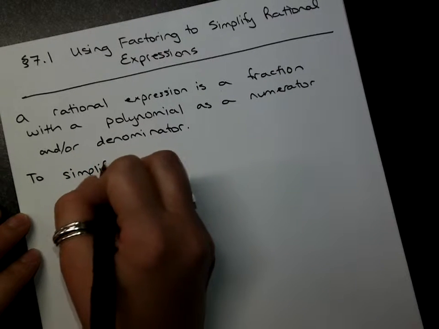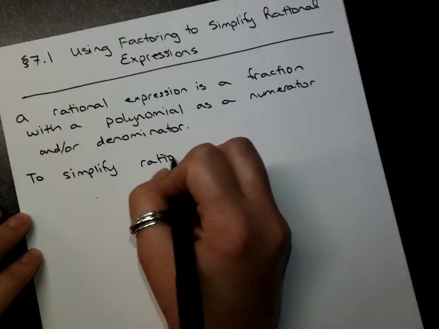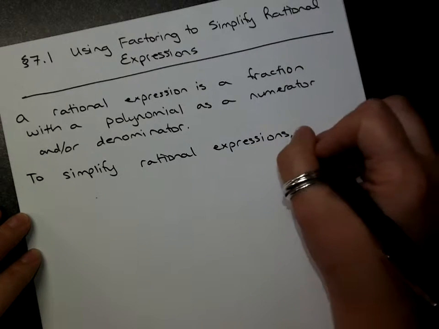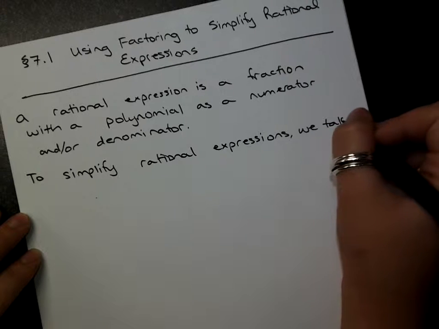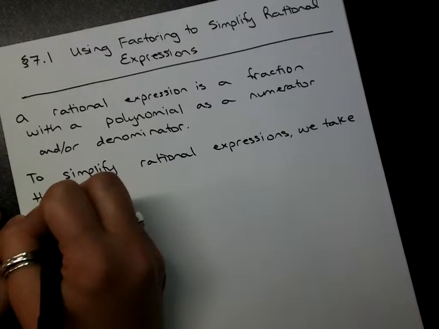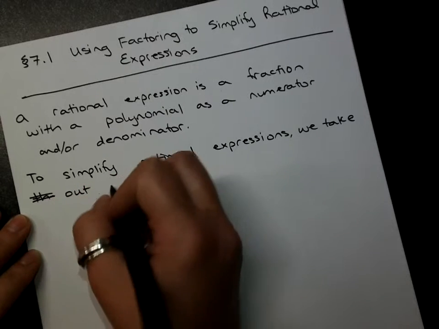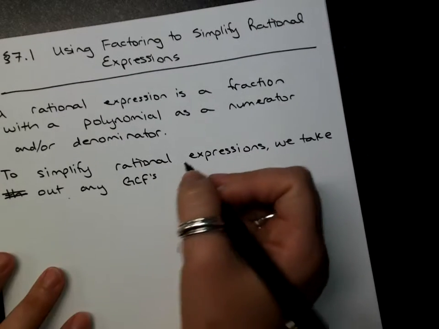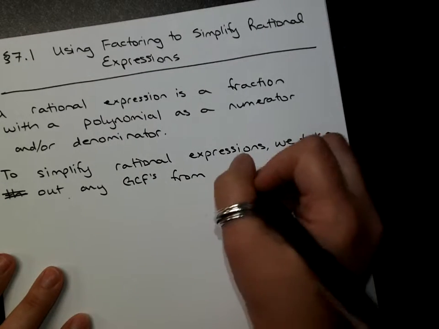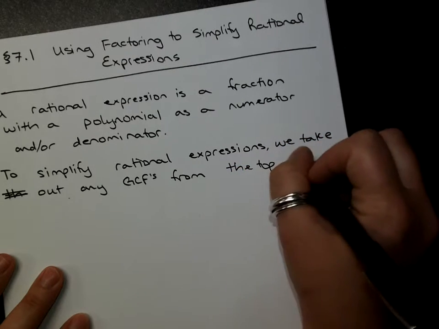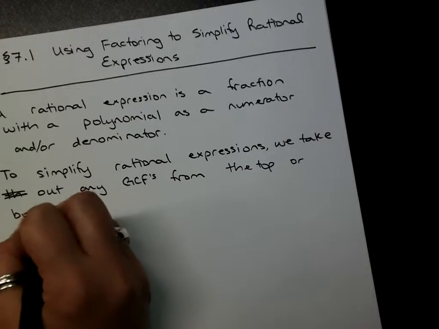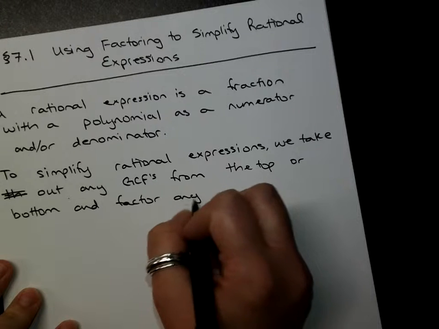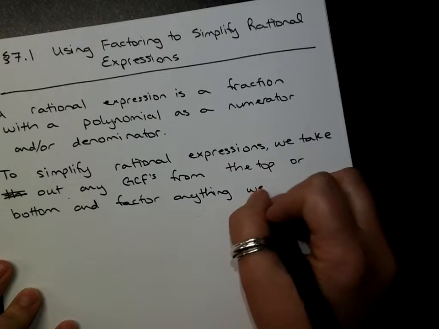To simplify rational expressions, we take out any GCFs from the top or bottom and factor anything we can.